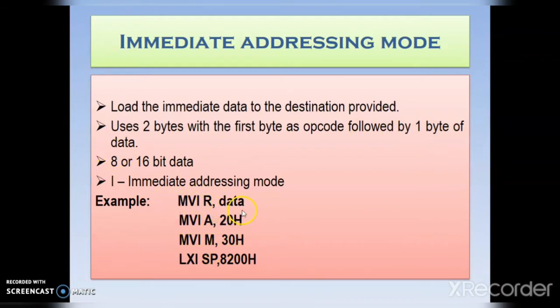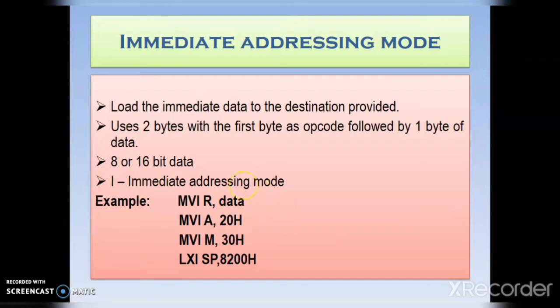Here, for MVI R, data, we have 1 opcode followed by 1 byte of data. This is the data, and for this instruction we have a specific opcode. In the last video I shared the instruction summary sheet, the 8085 summary sheet.